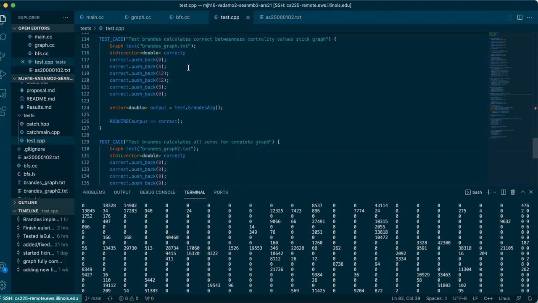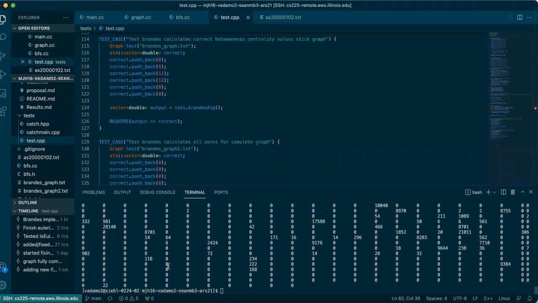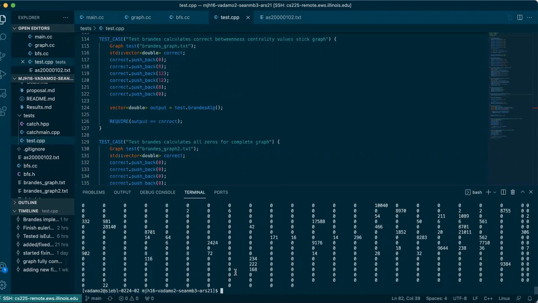And then we also wanted to consider the main edge case of a complete graph, in which no nodes are part of any shortest path between other pairs of nodes. So they should all come back 0, which if you run the tests will confirm is indeed the case.